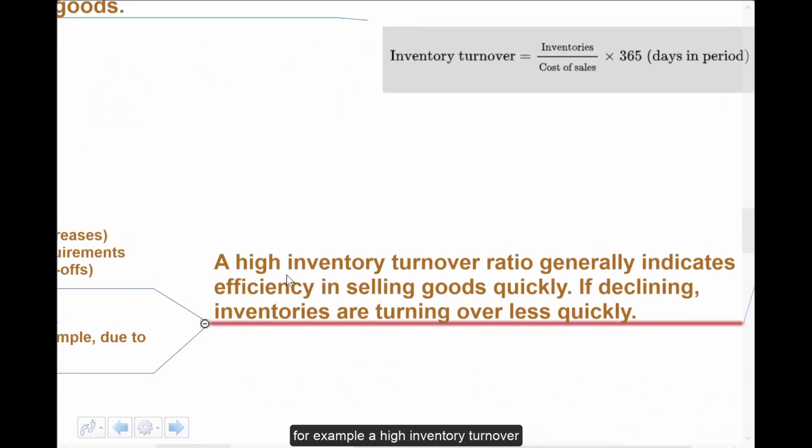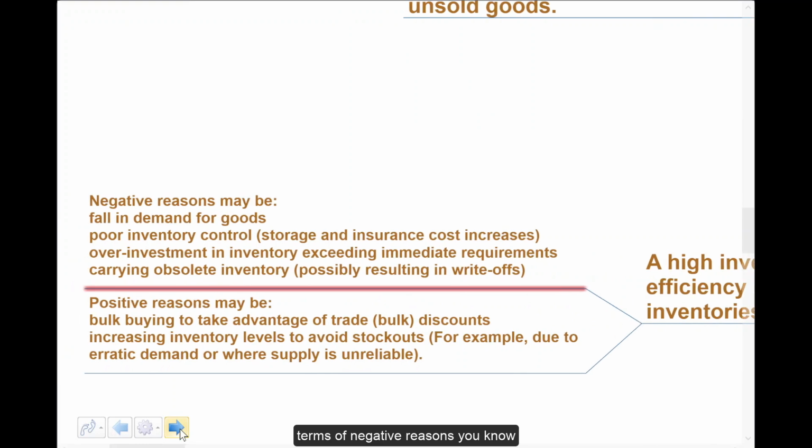So, for example, a high inventory turnover generally indicates, note, an efficiency in selling goods quickly. If declining, less quickly. So why is that? Or how do we know, or do we know why we're selling more quickly? What's the reasons for that? In terms of negative reasons, possibly a fall in demand for goods, or maybe inadequate or poor inventory control.